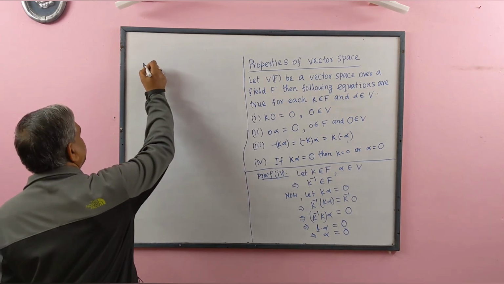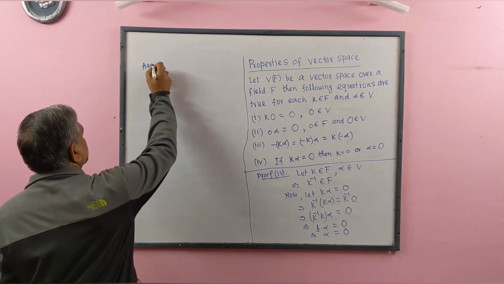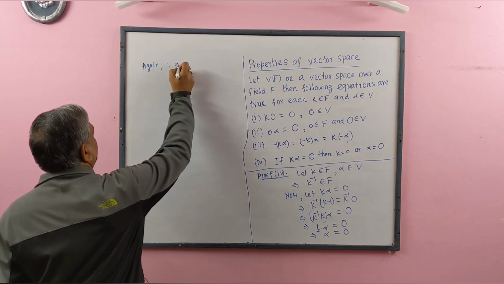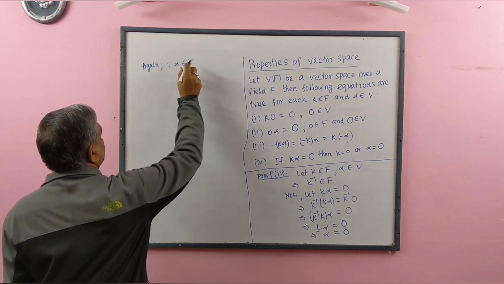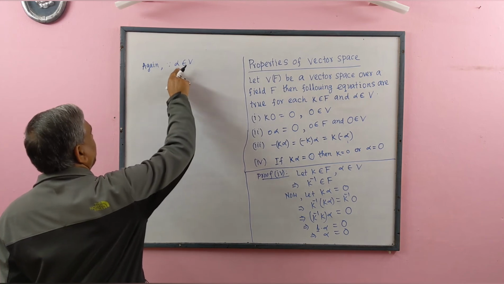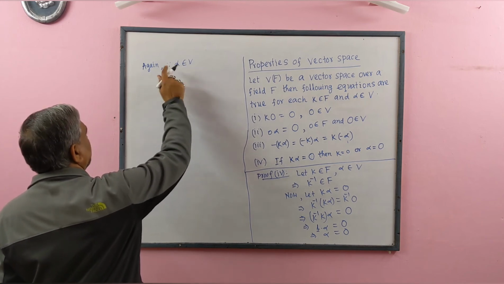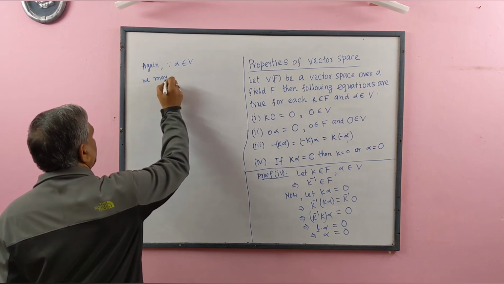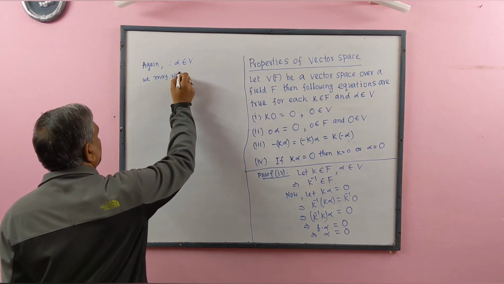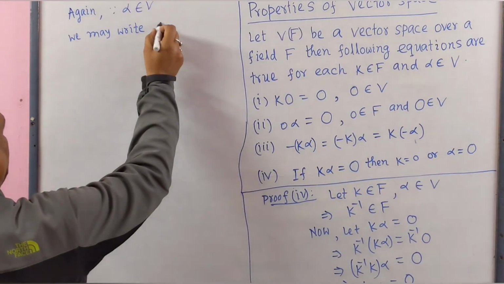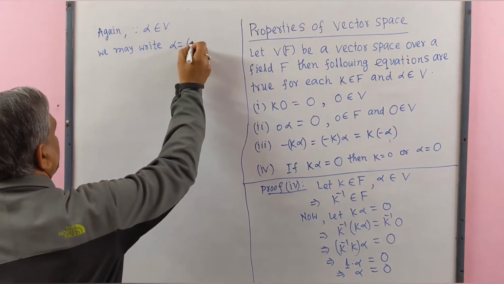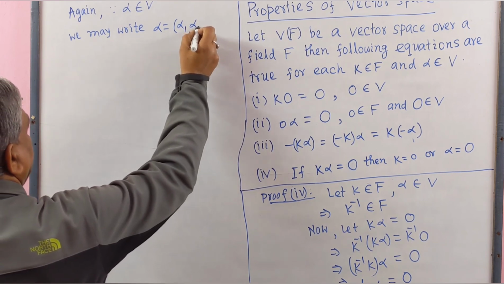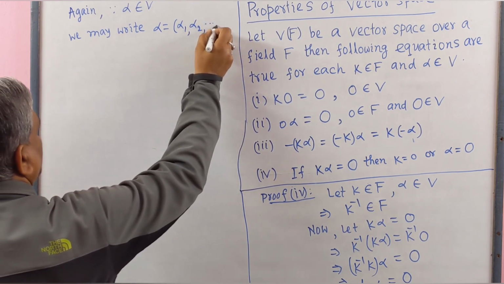Again, since alpha belongs to V, meaning alpha is a vector, we may write alpha equals (alpha 1, alpha 2, ..., alpha n) in n-tuple form.